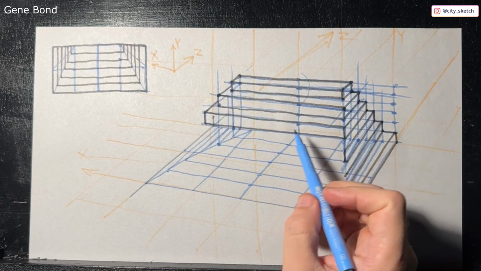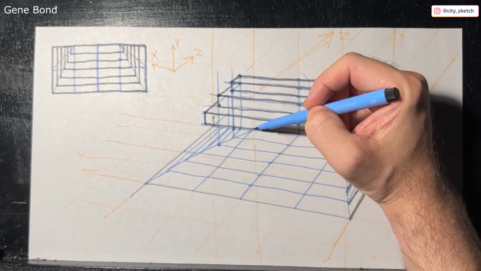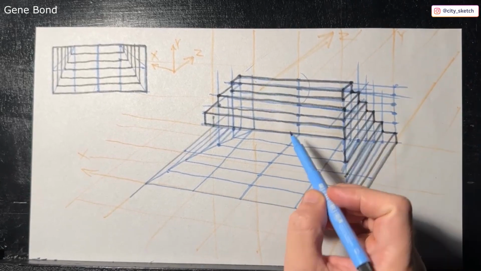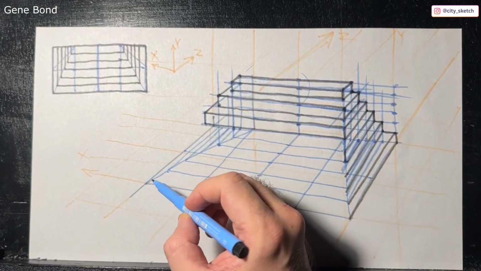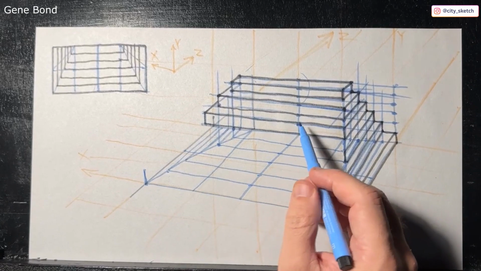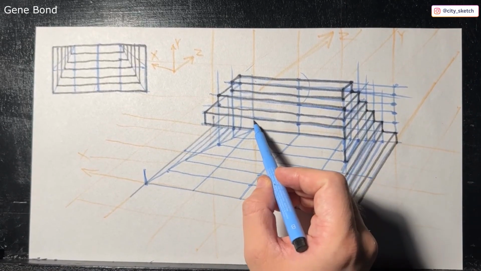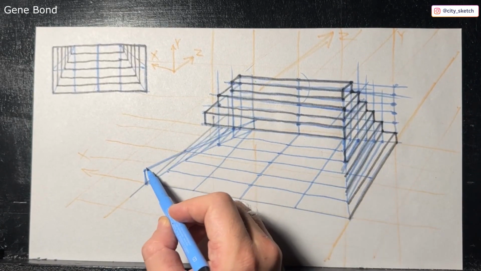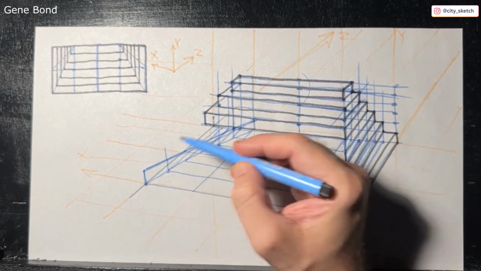So here is interesting. I have this here, cool. I can make this diagonal zigzag over here.